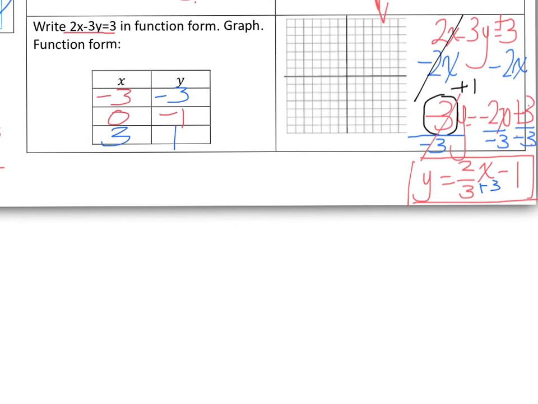So let's graph this. This is -3, -3; 0, -1; and then 3, 1. And that's our graph. And that's it.